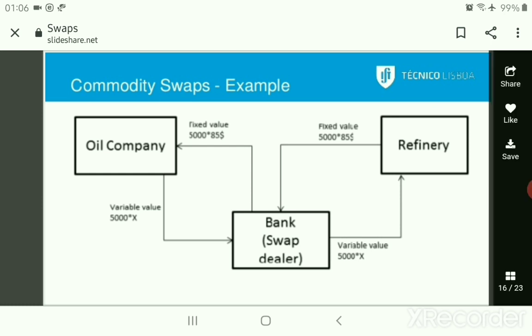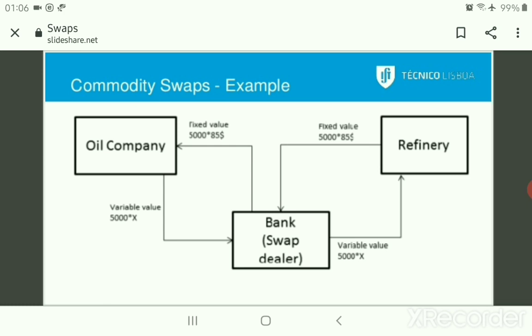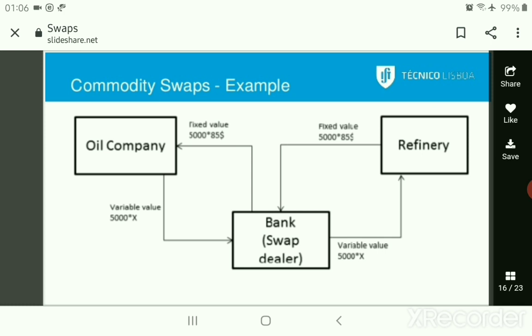So, and the oil company wants to buy also from the refinery the oil at a cheap rate. So here the refinery, the producer, wants to get the best rate from the market. The oil company, that means the buyer, they want to get the oil from the refinery at the best rate.